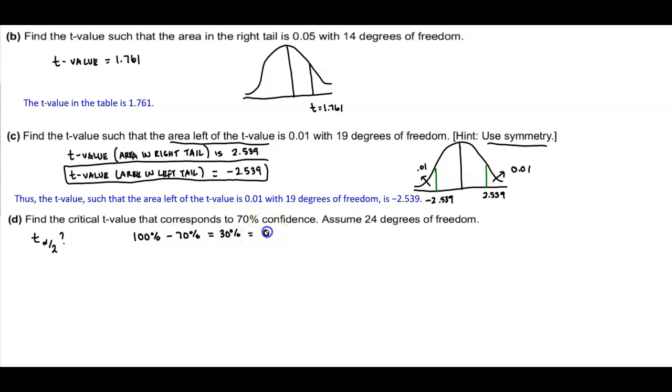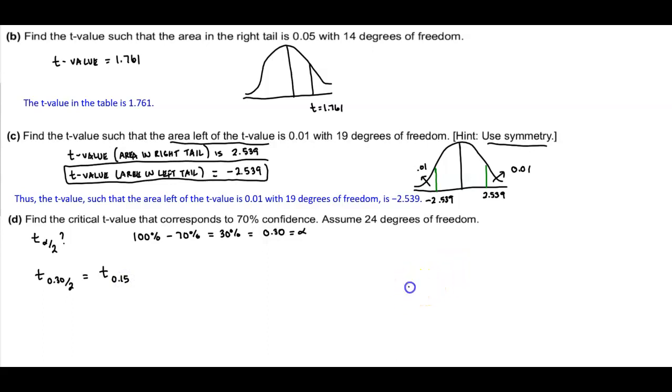And 30% as a decimal is 0.30. This is equal to alpha. So we take 0.30 and divide it by 2, which is 0.15.